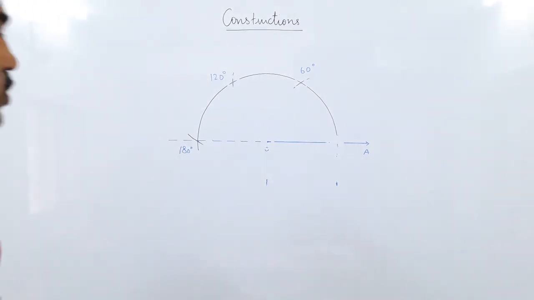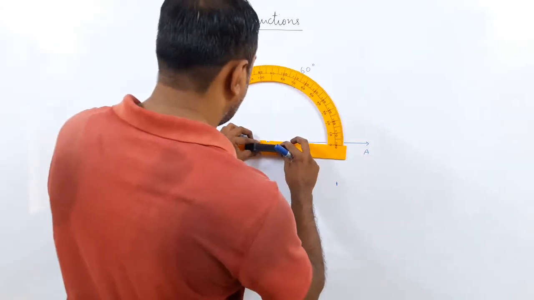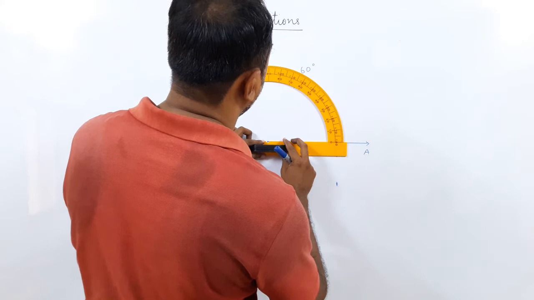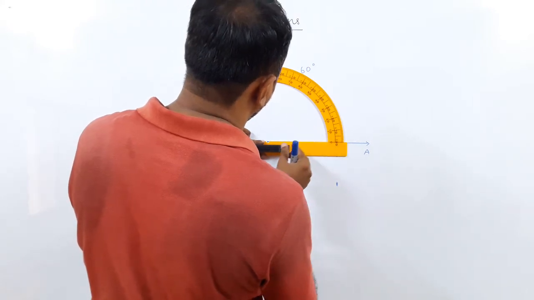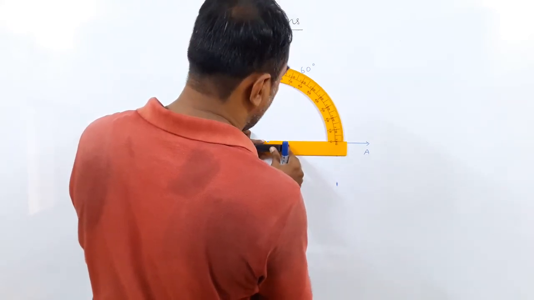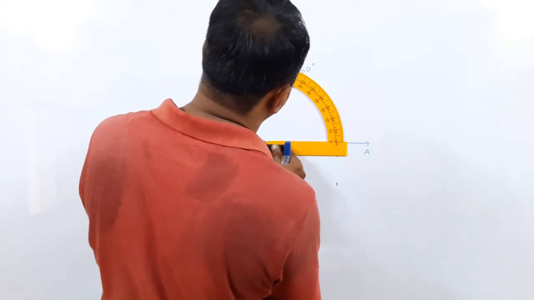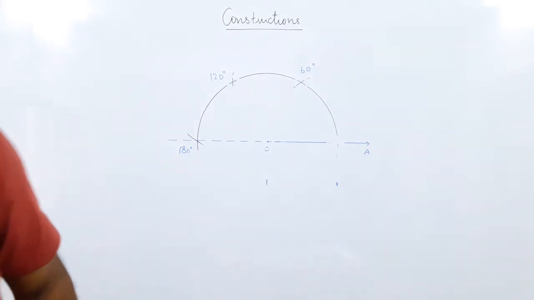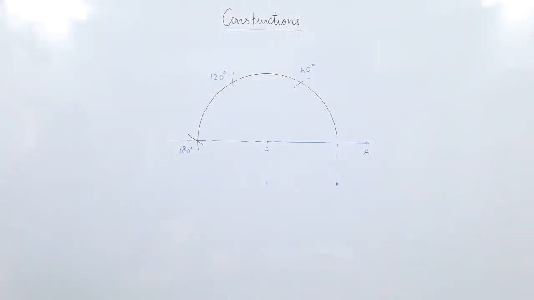So now let me check it out. 180, the center. It is at 60. You have to draw the line.